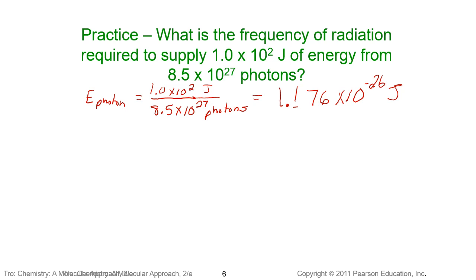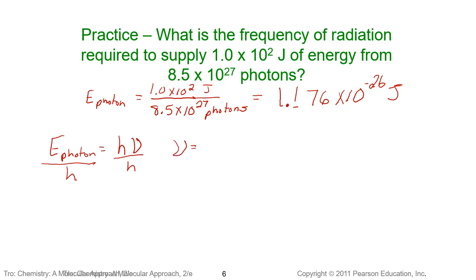Now that we know the energy of each photon, we can use the equation that includes frequency, which is h nu. So if we rearrange this to find frequency, we divide by h.